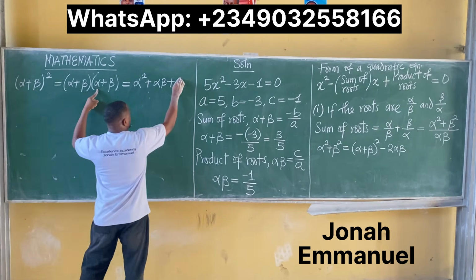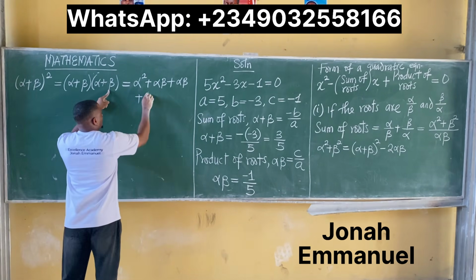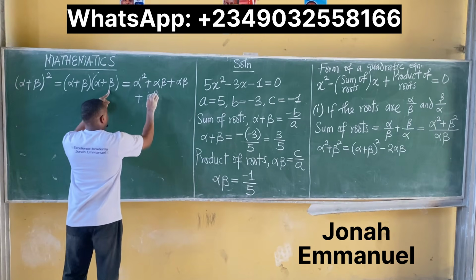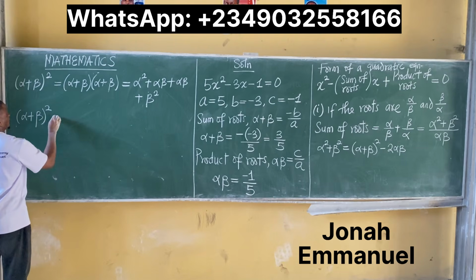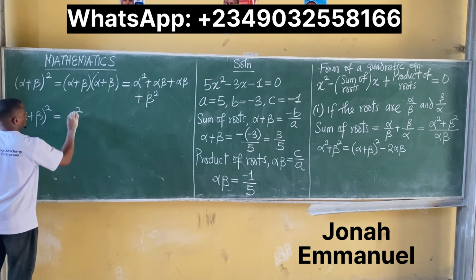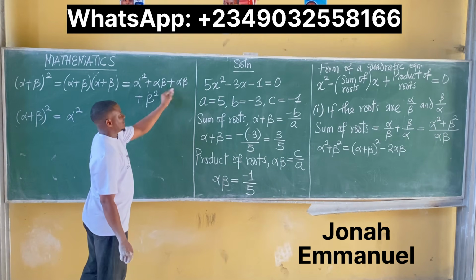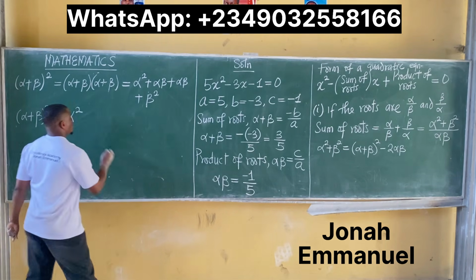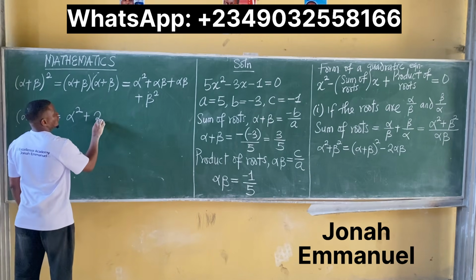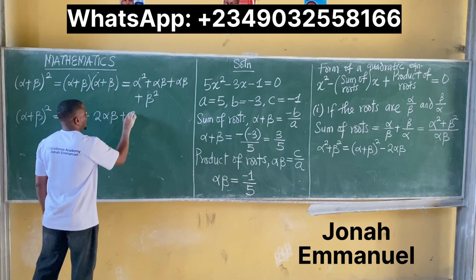All right, so plus alpha beta plus beta times beta, beta squared. With this, we can have that alpha plus beta all squared is equal to alpha squared plus alpha beta plus alpha beta. This is the same thing, so I'll add the numbers. 1 plus 1 gives you 2. So plus 2 alpha beta plus beta squared.